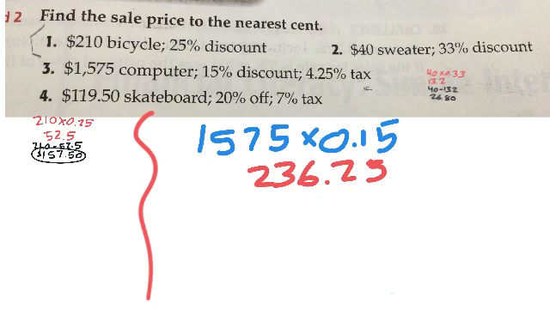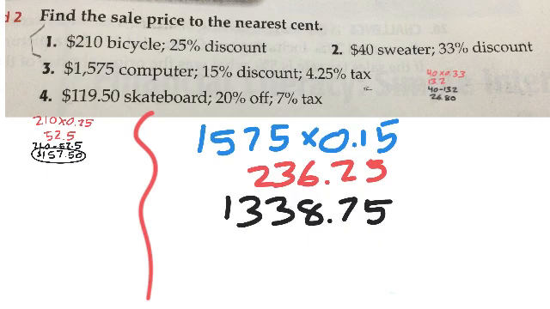That's my fault. So now 236.25 should be subtracted. 1575 minus 236.25. That should give me a value of $1,338.75. Okay, that's my fault. I messed you up.